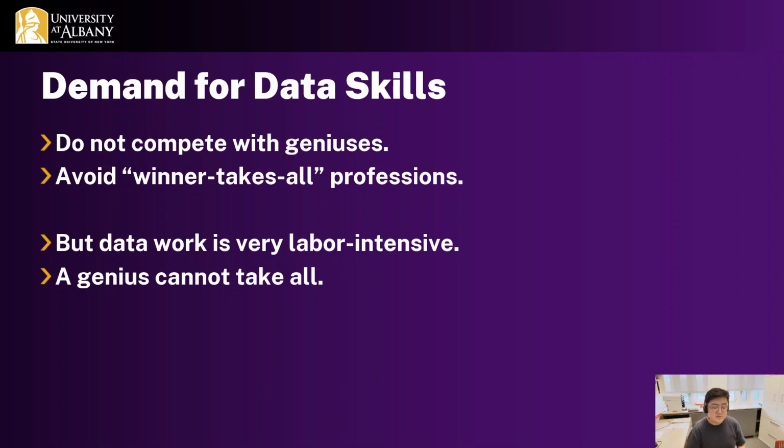For example, Steve Jobs is a genius, but he cannot handle all the marketing things and customers. He cannot respond to all customers. He cannot collect data from the website. He needs secretaries. So then you should not compete with Steve Jobs himself, but you have to find how you can help him. Data work is a typical example.